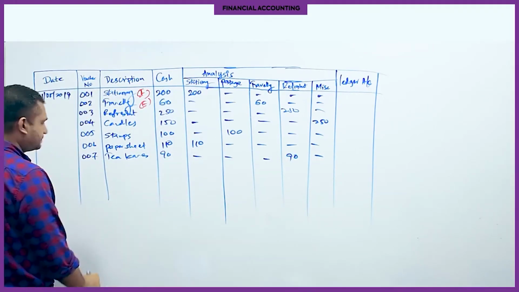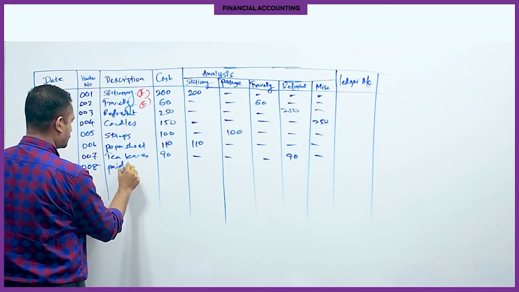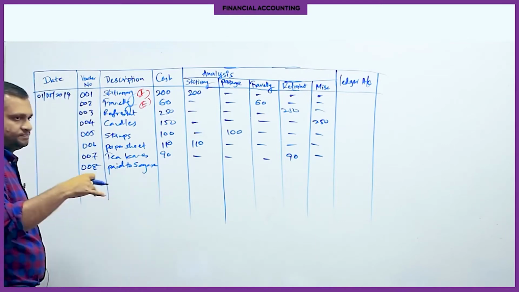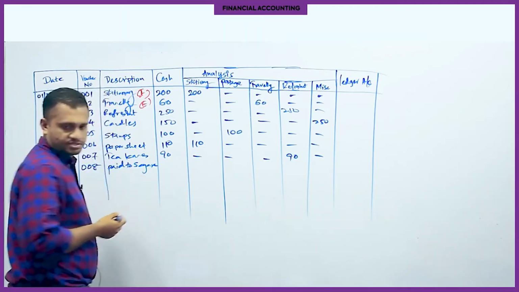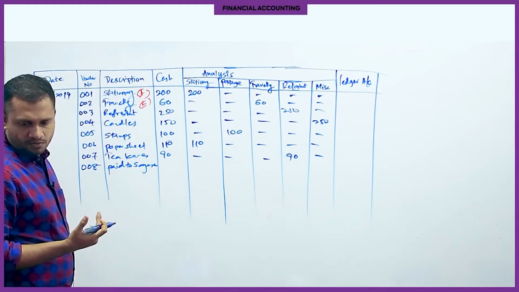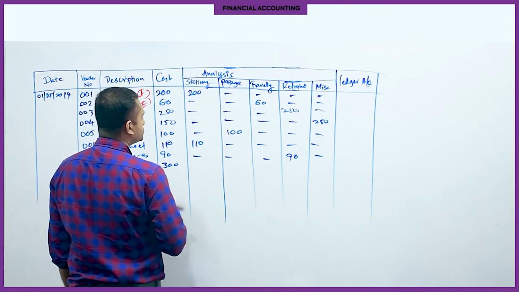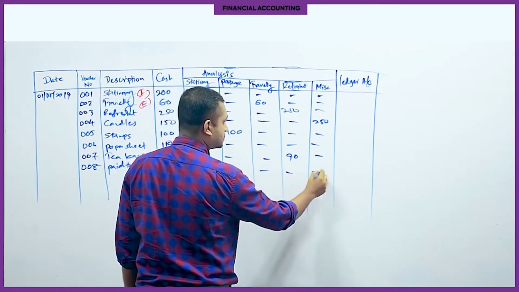Paid to Sagara. Now, who is Sagara? Sagara must be a creditor or a payable for the business. We are paying some amount to Sagara from our petty cash. That means it is not stationery, not postage, not travelling, not refreshment, not miscellaneous.